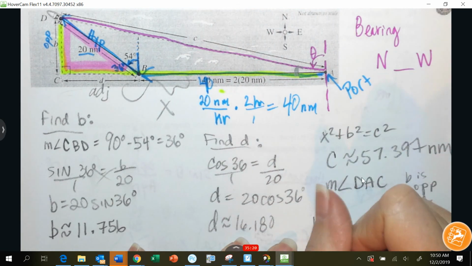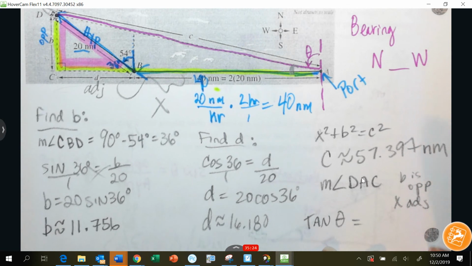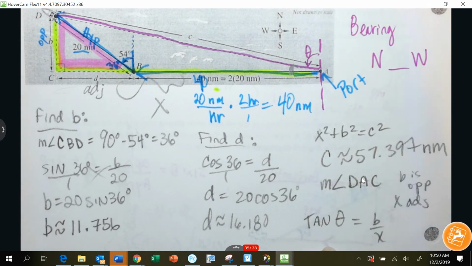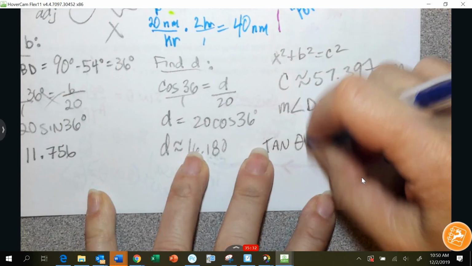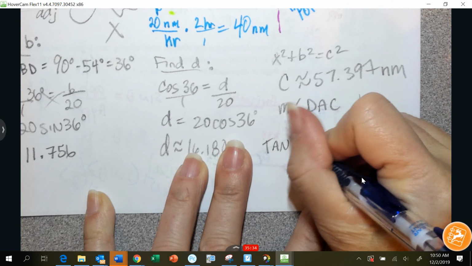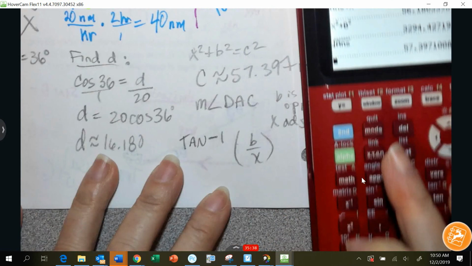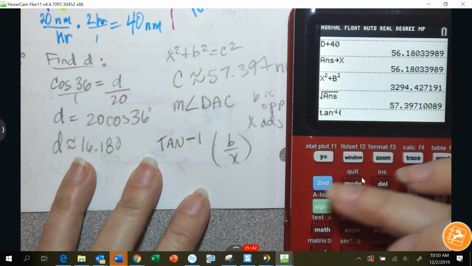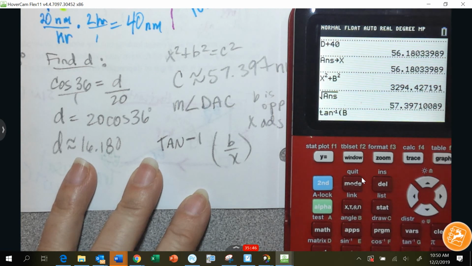Tangent theta, B over X, which means I'm going to have to do inverse tangent of B over X. But I've stored them, so it's pretty easy. Inverse tangent, alpha B divided by alpha X.